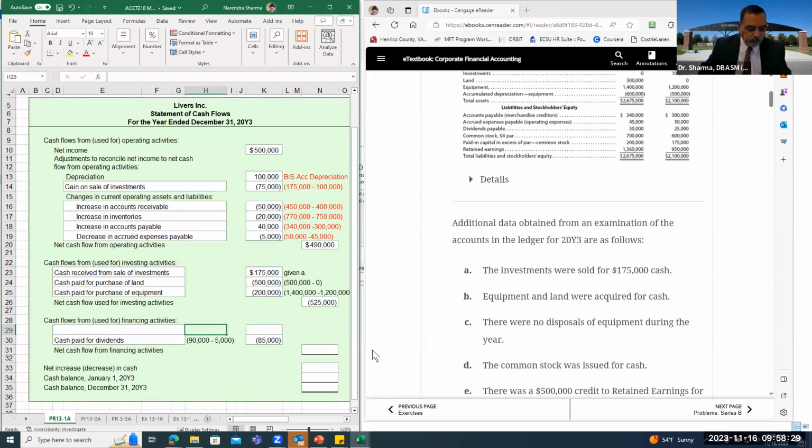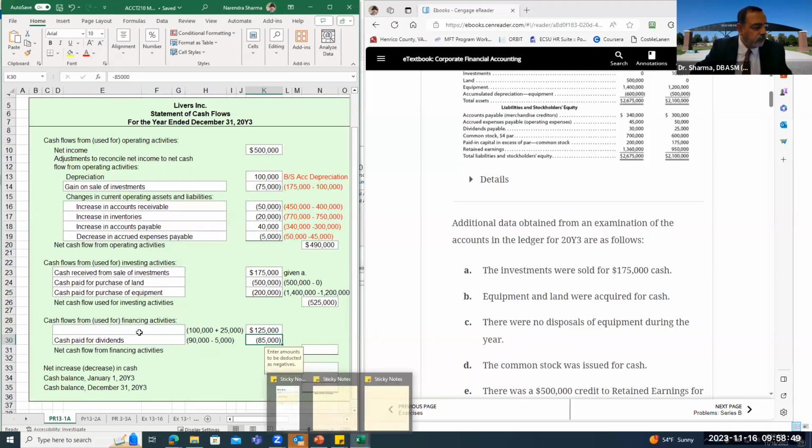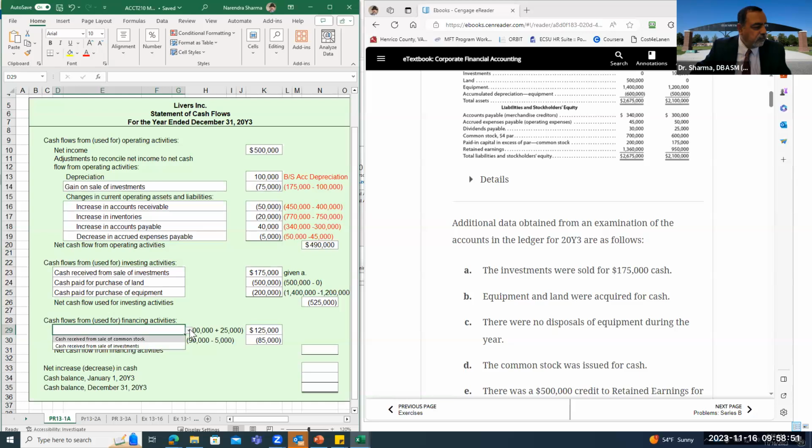So what I will do is I will do 100,000 for common stock plus excess paid in capital is 25,000. So that would be, of course, positive 125,000. So that would mean your cash received from sale of common stock is 125.